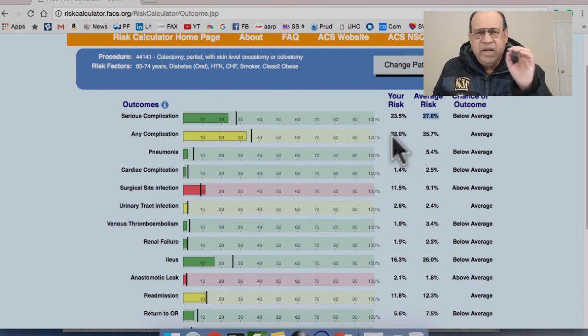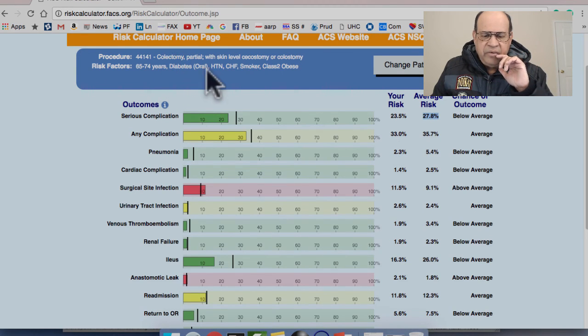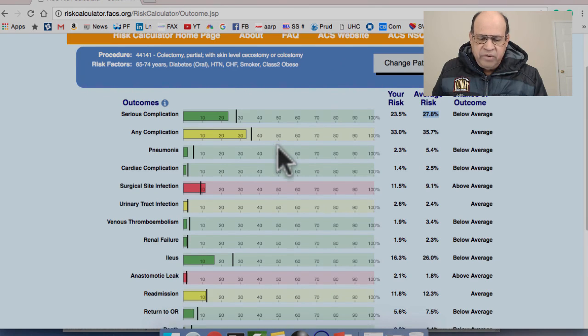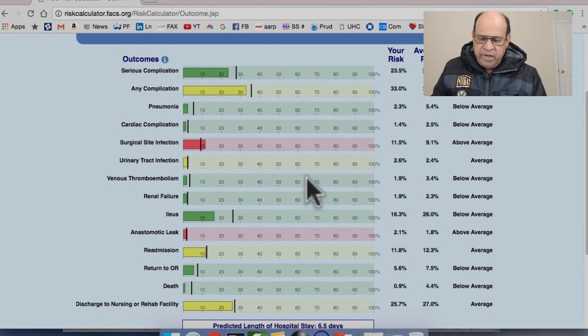That is, we are talking about 1 out of every 3 persons going for a colectomy with a history of diabetes, hypertension, heart failure, smoking, and obesity, who is 65 to 74 years old, has a 33% chance of having any type of complications after the surgery. And the mortality, even though it is only 0.9%, but the morbidity is what is quite impressive in this situation.